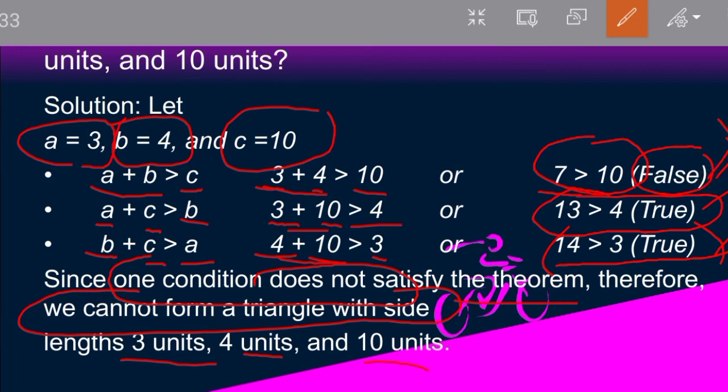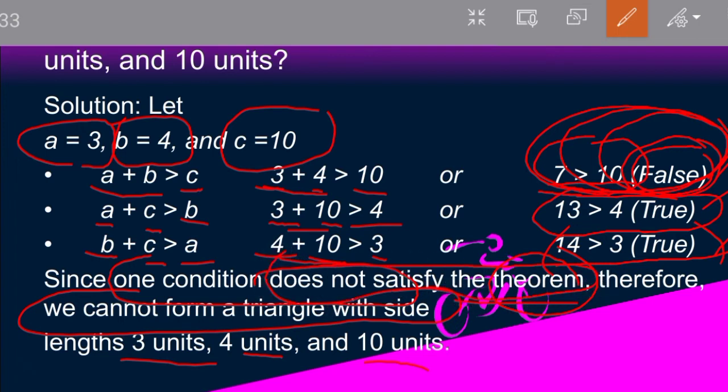This is the condition that does not satisfy the triangle inequality theorem. Again, since 7 is greater than 10 is false, it does not satisfy the theorem. So therefore, we cannot draw a triangle with side lengths of 3, 4, and 10.